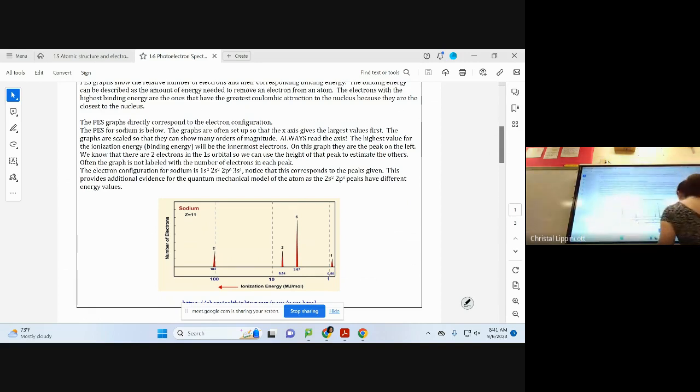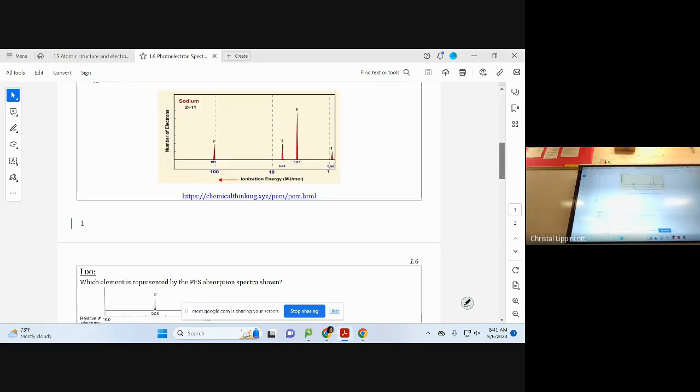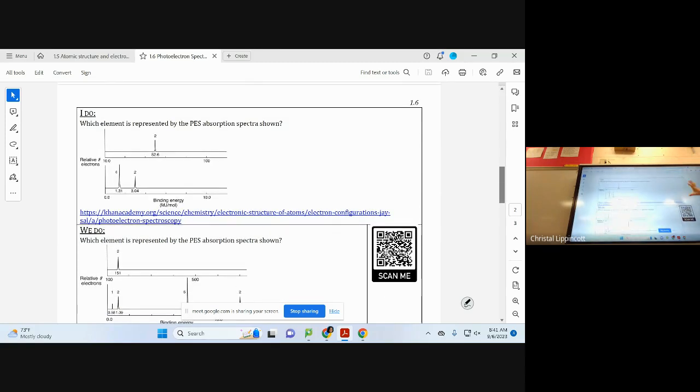All right. So go home, try to do all of the rest of this assignment. You've got a scan code here for this guy. You have a quiz tomorrow between 1-1 and 1-6. There will be one problem on there from 1-7, which is periodic trends.